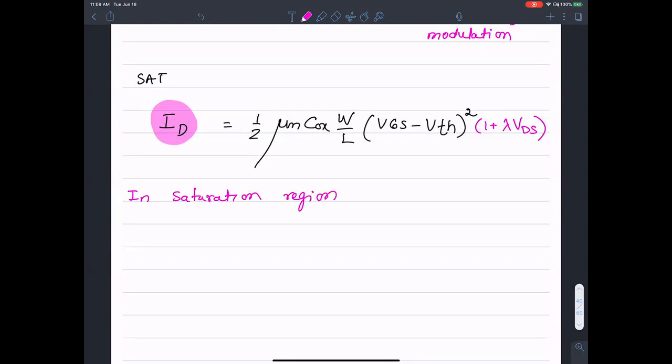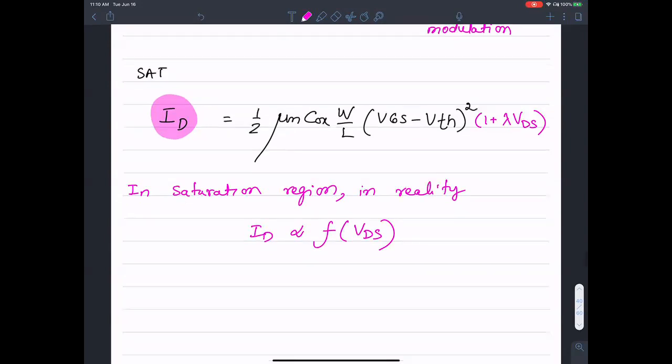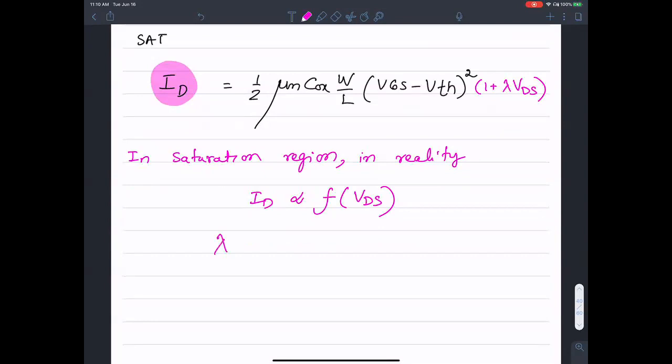In reality, ID does have some dependence on VDS, as opposed to being completely independent of VDS as I assumed. This lambda is called the channel length modulation parameter.